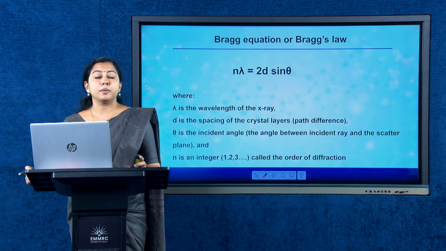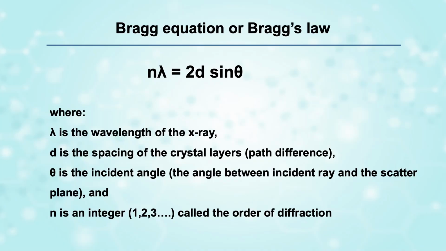So, this is Bragg's law represented as n lambda is equal to 2d sin theta, where lambda is the wavelength of the X-rays, d is the spacing of the crystal layers or the path difference, theta is the incident angle, that is the angle between the incident ray and the scatter plane, and n is an integer ranging from 1, 2, 3, etc. It is also called the order of diffraction.